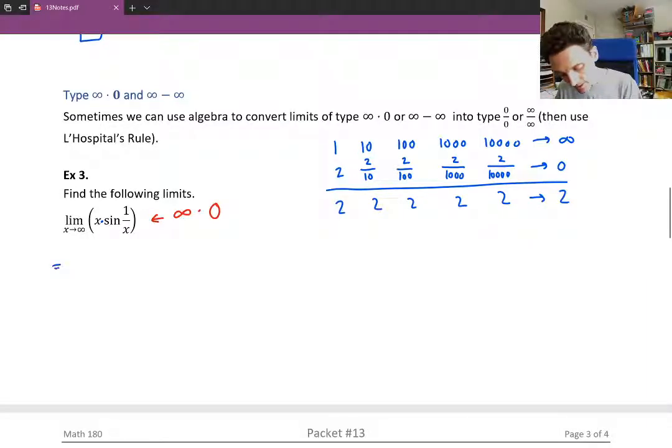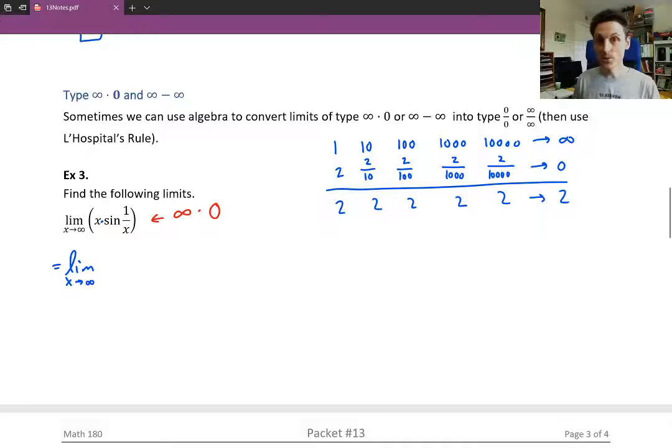So what we can do is a bit of a weird step. It seems like a strange step because it's going to make the algebra look more complicated. Right now it's nice and simplified and we're happy with it, but we're going to take this step where we're making it more complicated, but for a good reason, because we want to turn this infinity times 0 limit into either a 0 over 0 or an infinity over an infinity.